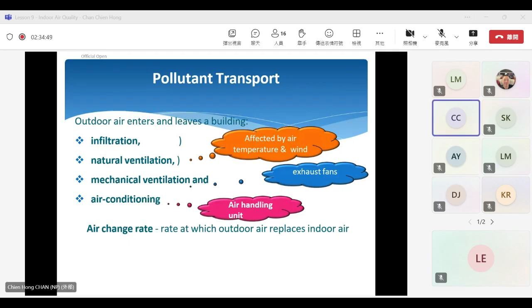So we need to understand how these pollutants come into the indoor space and how they leave the building. Because of the difference in air pressure indoor and outdoor, the pollutants may go either way. So sometimes they will come in from the exterior.